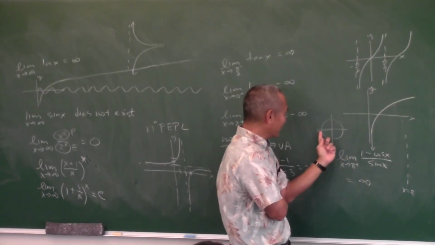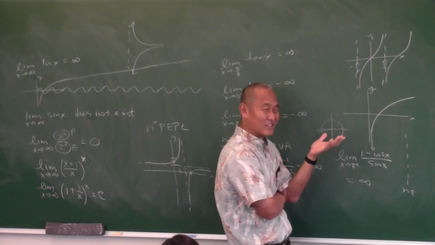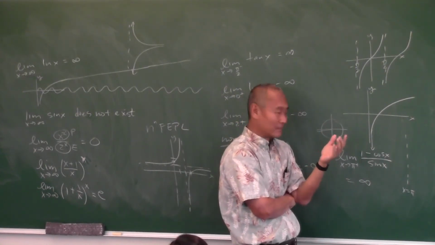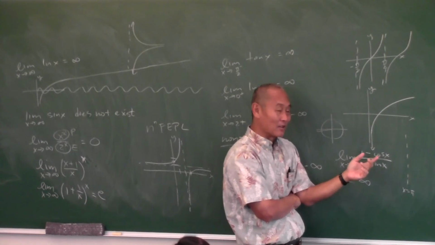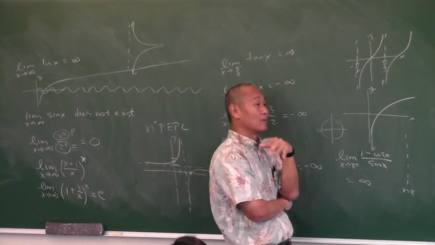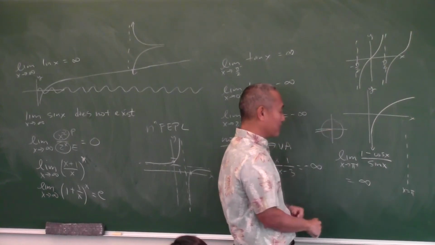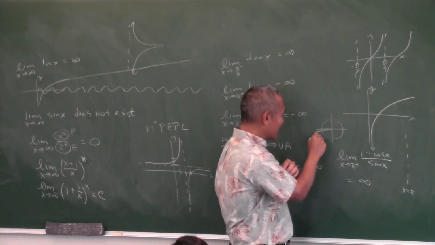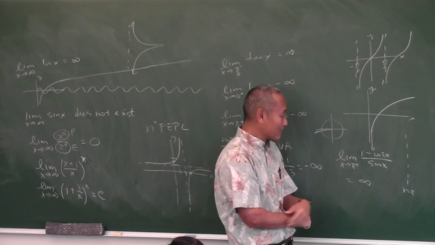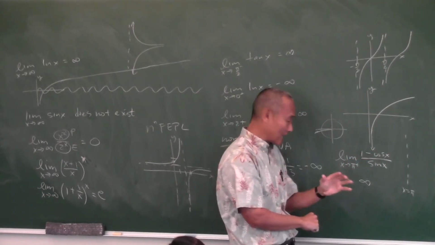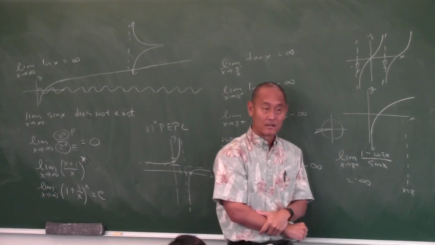What's the cosine of that? It's close to negative 1, right? What is 1 minus something close to negative 1? Positive. What is sine of pi plus a little bit? What's the sign in the third quadrant? It's negative. So positive over negative is negative, so the answer is negative infinity.